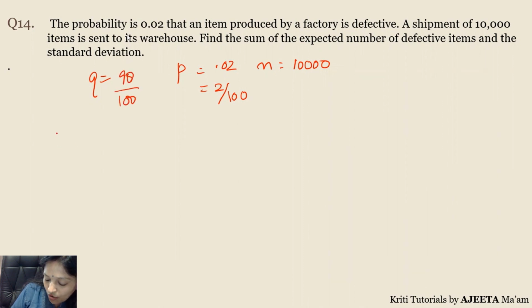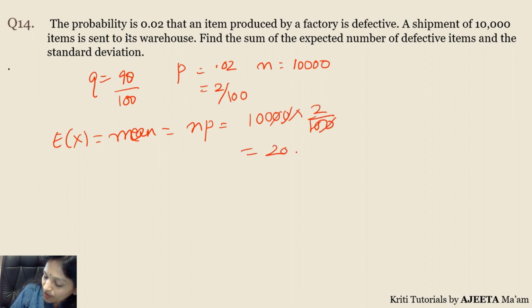Now expected value is equal to mean. So that will be what? NP. So N is 10,000, P is 2 by 100, right? So let's cancel out. So it's 200. Now what will be a variance? For standard deviation, first we need to find the variance. So 200 into 98 by 100.